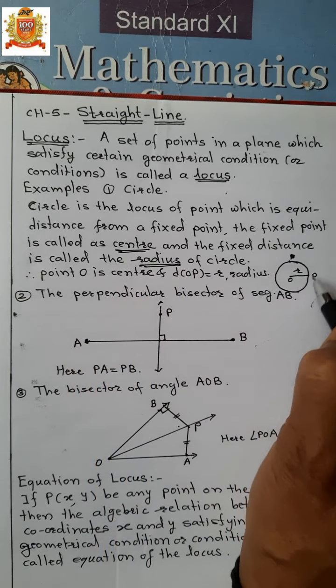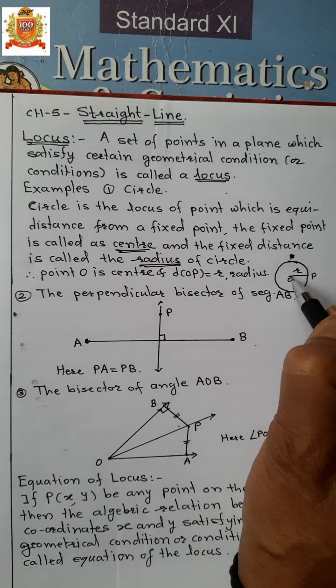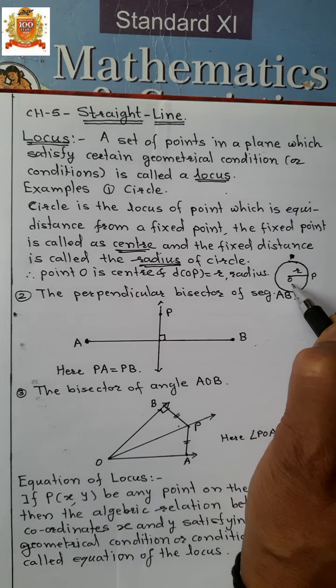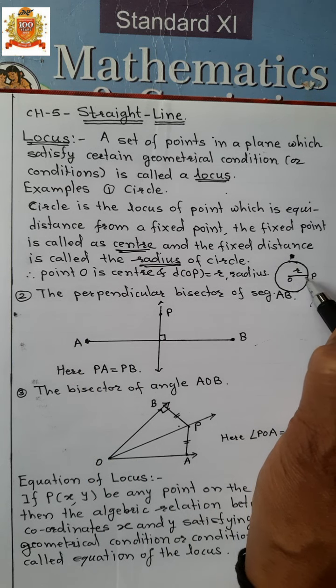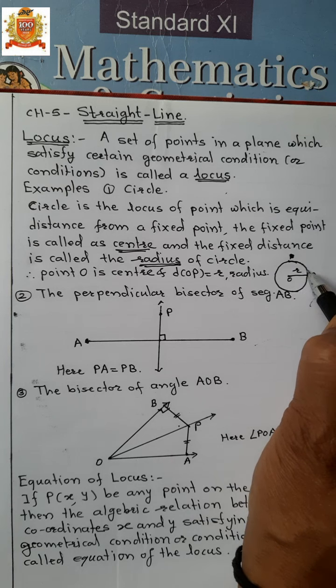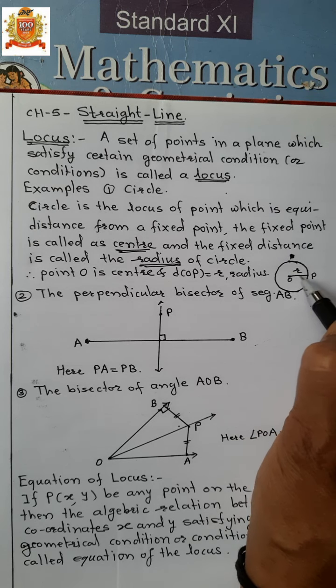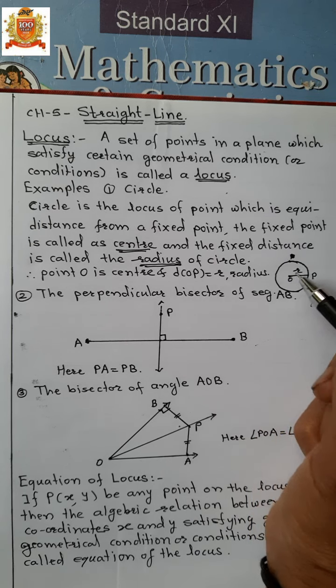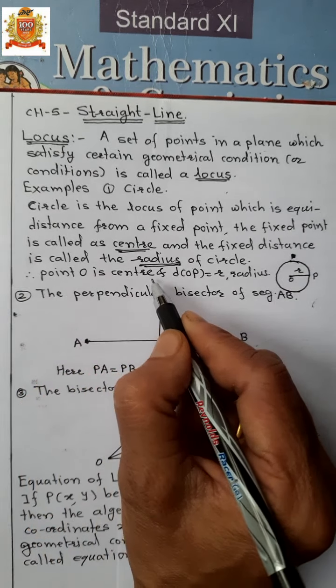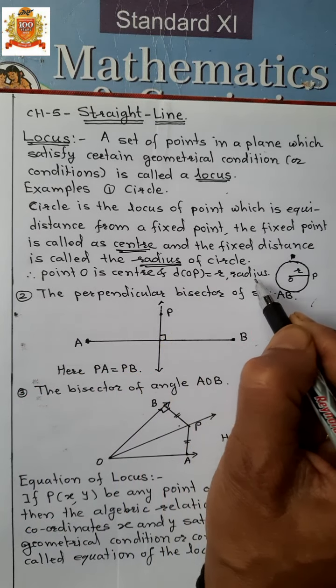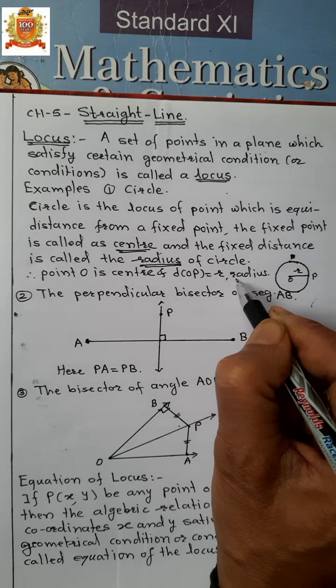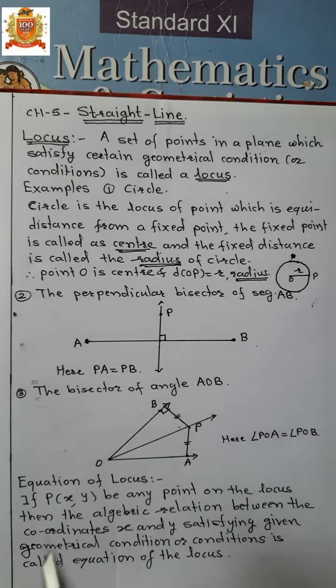This is a locus of points which are equidistant from the point O, that is the center of a circle, and this distance is equal to r, the radius. Point O is the center and distance OP is equal to r, that is the radius of the circle.